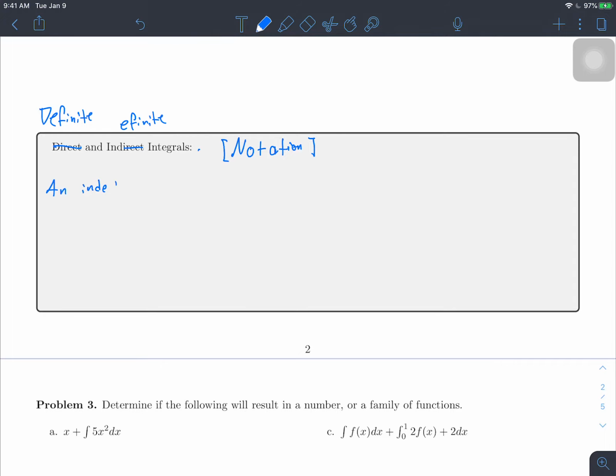An indefinite, no, okay, let me, really want to be super careful saying this stuff.